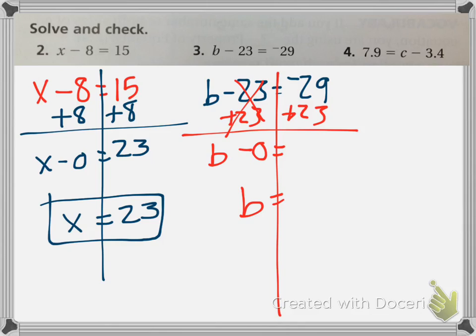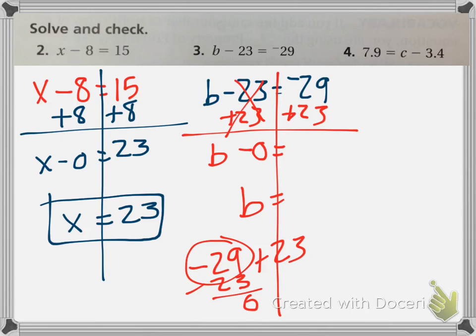Then negative 29 plus 23, that's an integer problem, so I'm going to write it horizontally. Negative 29 plus 23, again, we're adding with integers, so I'm going to circle the larger number, find the difference, 29 minus 23, that's going to give me 6. Larger number was a negative, so it's going to be negative 6. Our answer is b equals negative 6 for problem 3.